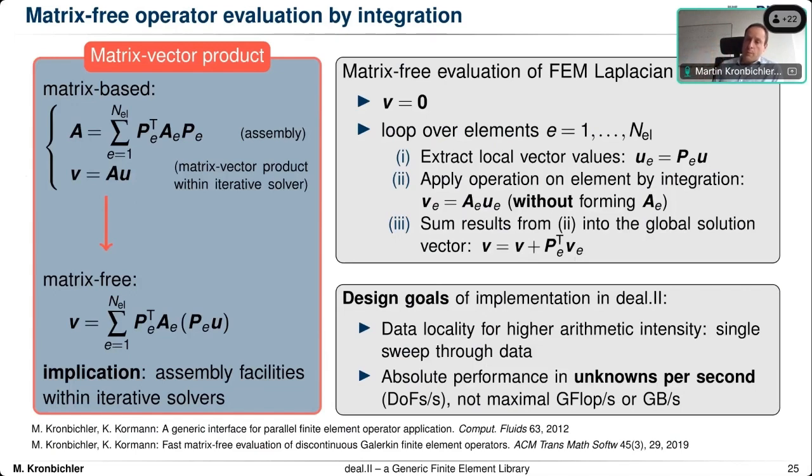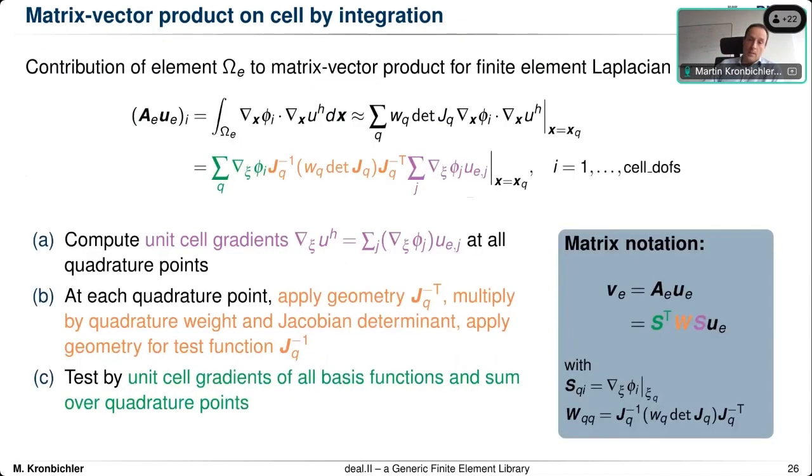So how many degrees of freedom can we update per second? Typically it's gigadofs per second for the operator evaluations on recent GPU models. So this is what we optimize for, which means that sometimes we still pre-compute something and then access it from memory, but we always try to see what is a good balance. Of course, there's application demand sometimes in one direction and sometimes in the other.